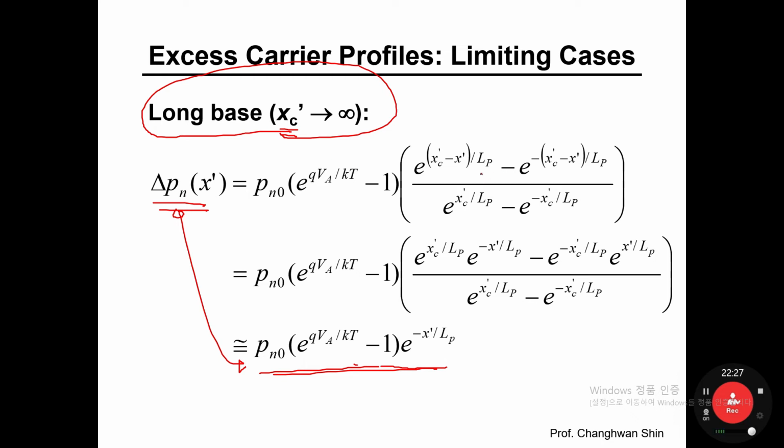Here LP has been used for each xc prime and x prime, and we have rewritten those terms, and you may use this mathematics: n over n plus 1, once n is going to infinity, that is 1.